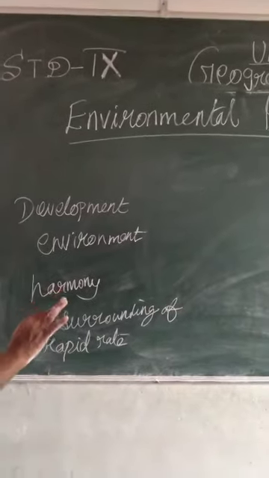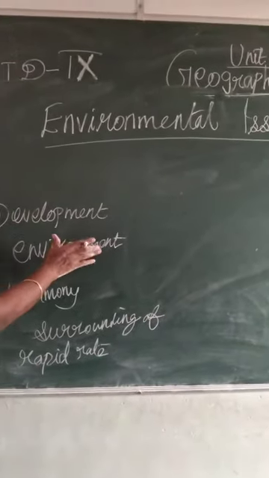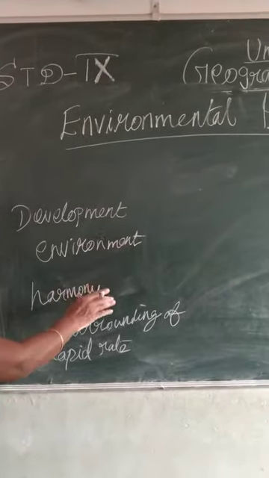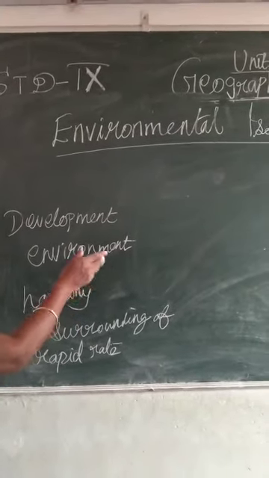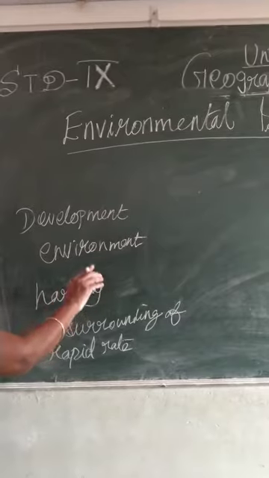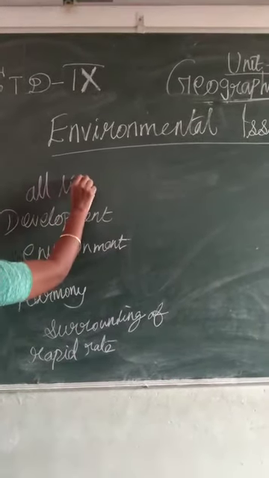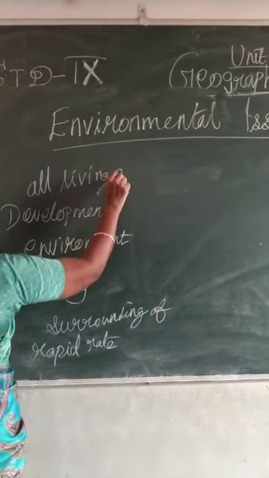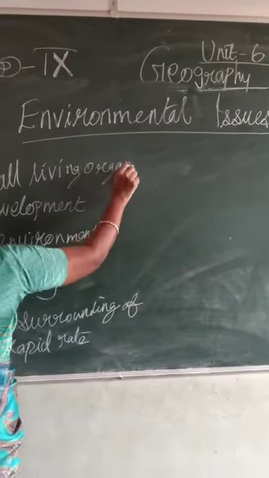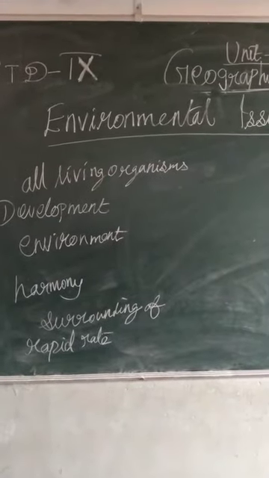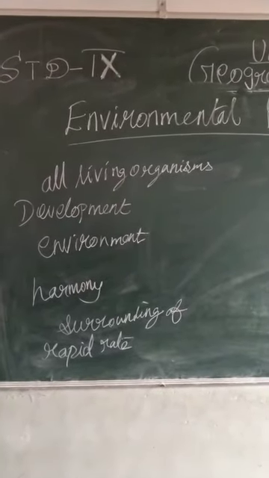Students, main important point, environment is the basic life support system that provides air, water, food and land to all living organisms.